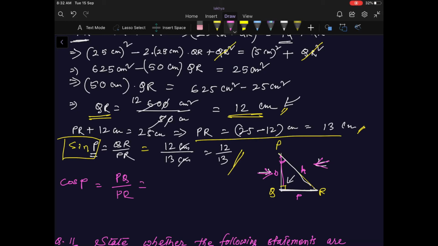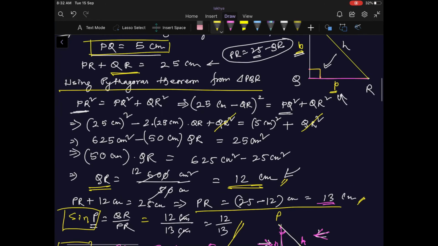PQ is 5 centimeter and PR is 13 centimeter. Centimeter gone, so we have got 5 by 13. This is the value of cos P.